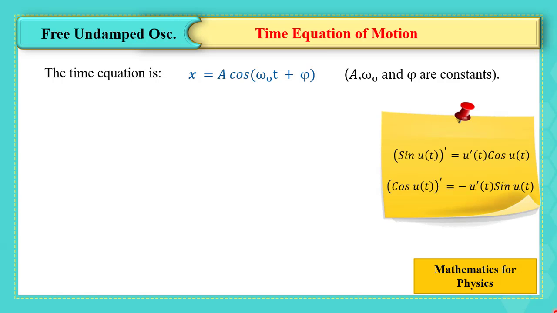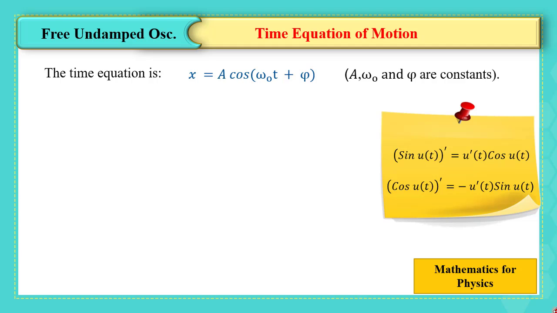We are going to use these two rules to make our verification: the derivative of sine u, where u is a function of time, is the derivative of u times cosine u, and the derivative of cosine u, where u is a function of time, is minus the derivative of u times sine u.